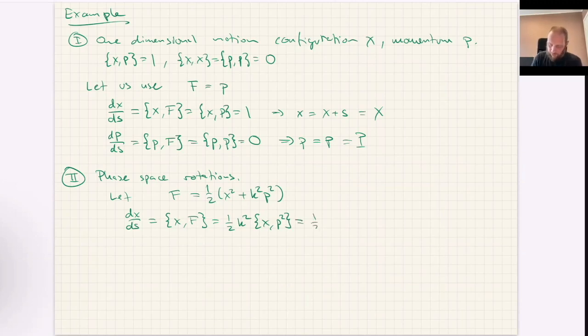That's 1/2 k squared times 2p times {x,p}, right? That's just the chain rule of derivatives. The {x,p} is of course still 1. So what I end up with is k squared p.